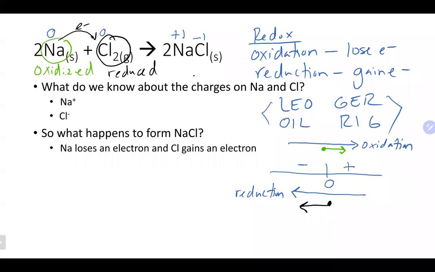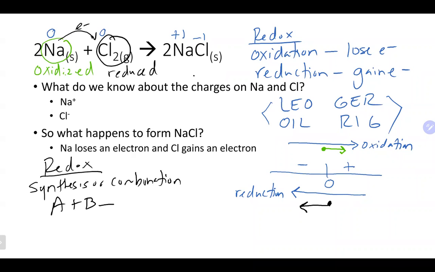Now, as we will see shortly, this type of reaction, although it is a redox reaction, can also be classified as a synthesis or combination reaction. And that is when you basically take two things and you make one thing. And that's exactly what is happening in this reaction. We've got sodium and chlorine, two things coming together to make one thing.